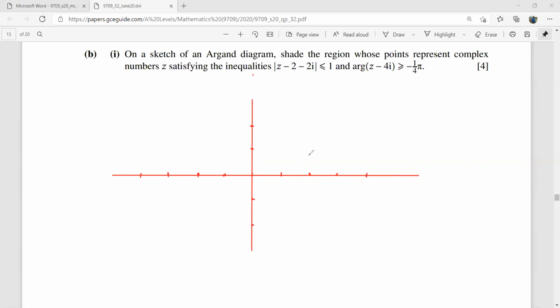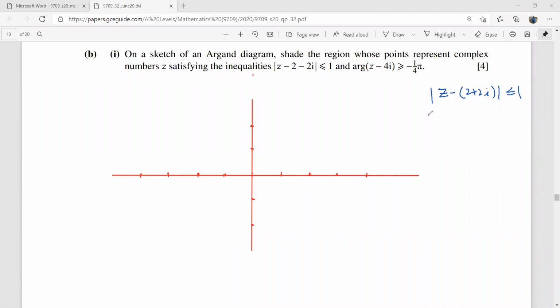Acha, the first thing is we would show by shading the region satisfied by all this. So first of all, you have to write it as modulus of z minus 2 plus 2 iota, that is less than or equal to 1. So this is the modulus. Remember, this is the circle situation.